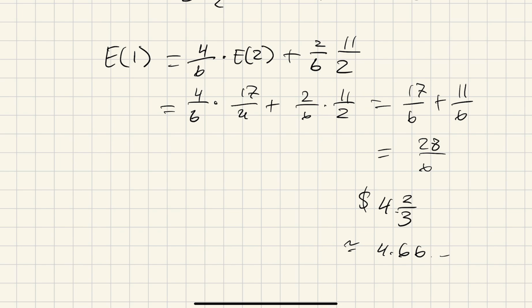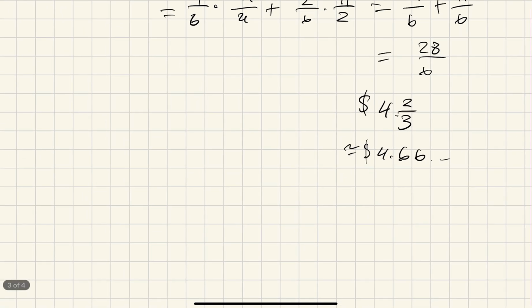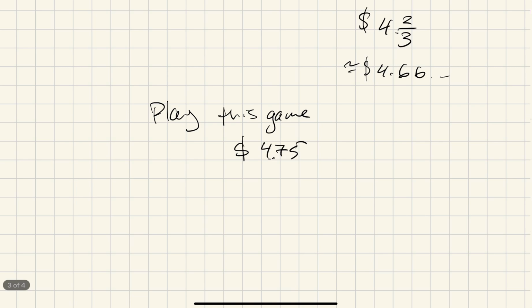So if I were at a casino and they say, okay, you can play this game for $4.75, would you take this? No, because the expected value, if you play optimally, is only 4.66.